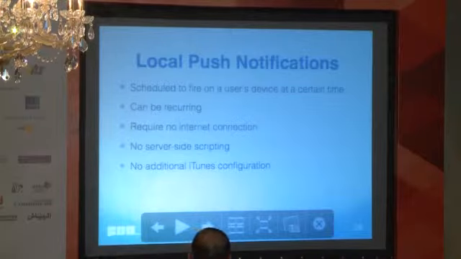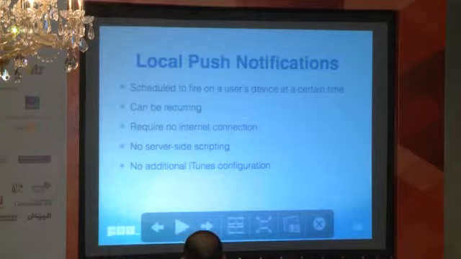Finally, we have the local push notifications, which, for example, can be scheduled to fire on a user's device at a certain time. You can use this if you want to enable an alarm in your application. These notifications can be recurring, and you can use them in offline mode. The user doesn't need an internet connection.